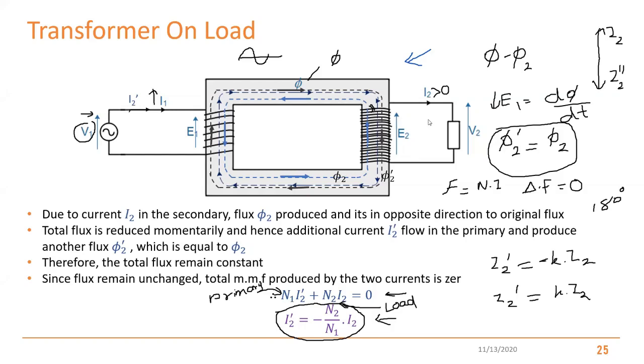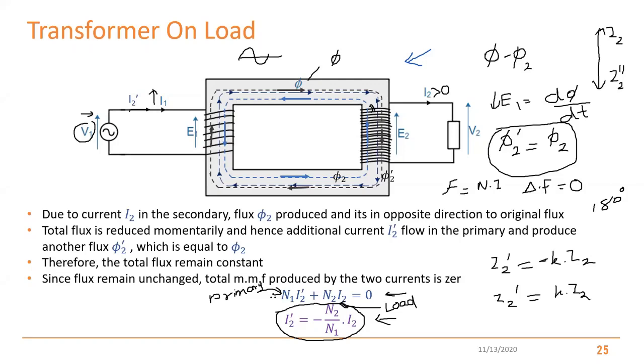Due to that, some additional magnetic flux is produced in the core. According to Faraday's law, that flux is produced in such a way that it opposes the original flux phi. As a result, the total flux in the core momentarily drops.